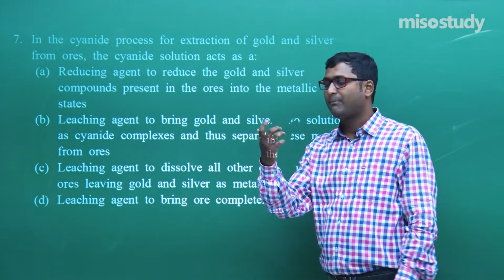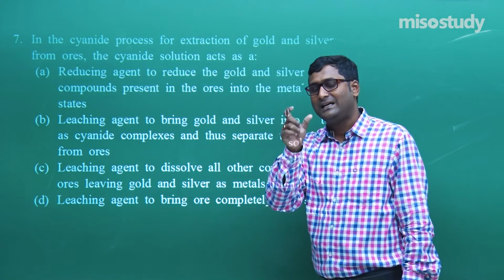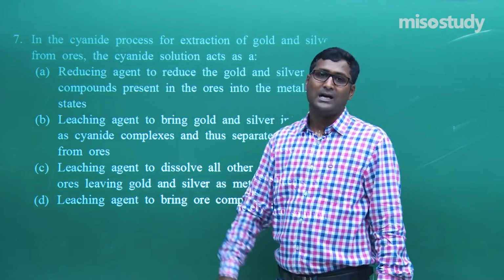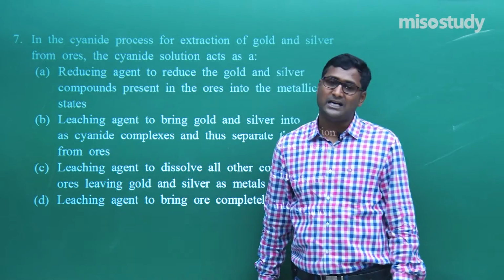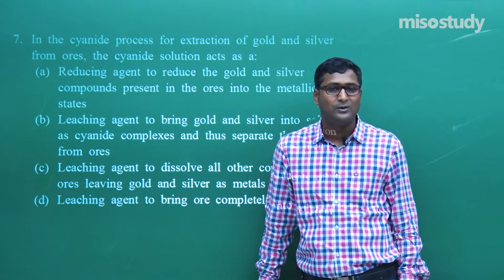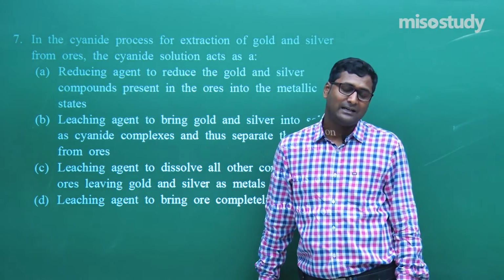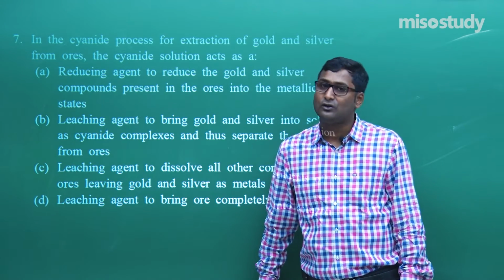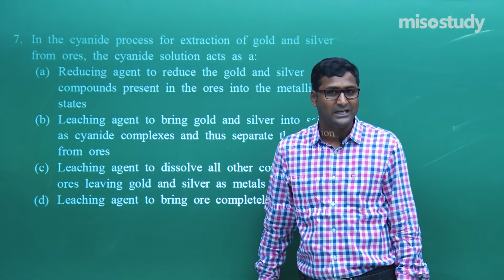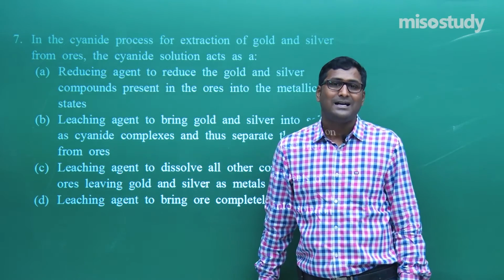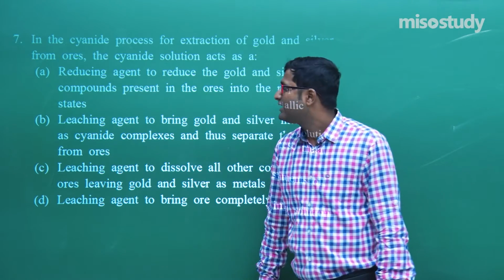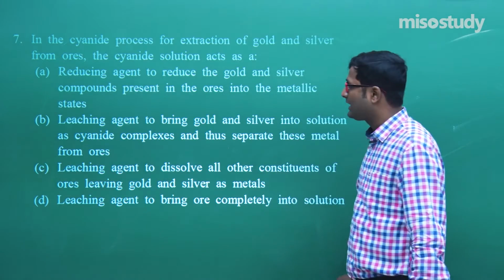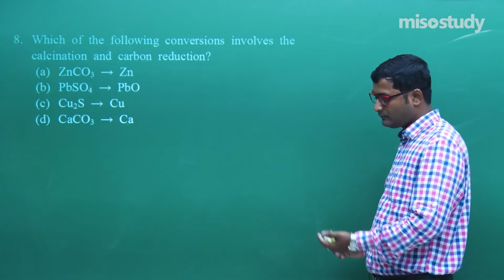We have to utilize the simple formula delta G equals delta H minus T delta S. Delta G is the standard free energy, delta H is the enthalpy change, delta S is the entropy change, and T is the temperature. Clear, friend? Now let's move to the next question. Listen carefully.